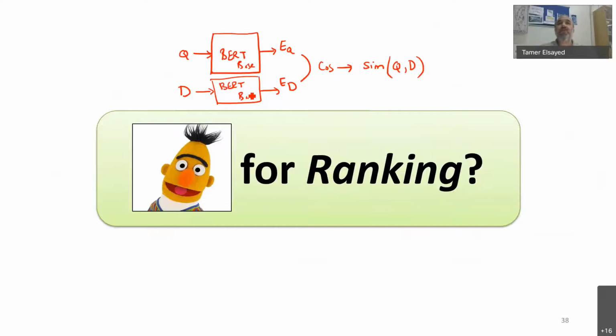Don't you think that we should train or fine-tune BERT on the problem that we are trying to solve, which is relevance? Yeah, maybe like the first one, a classifier, whether it is relevant or not. Exactly. This is the simplest way of using BERT for ranking.